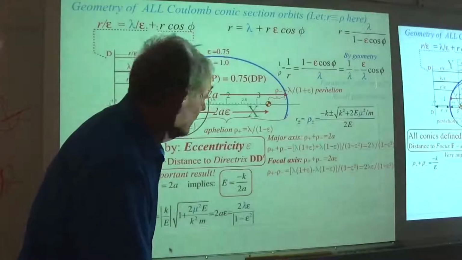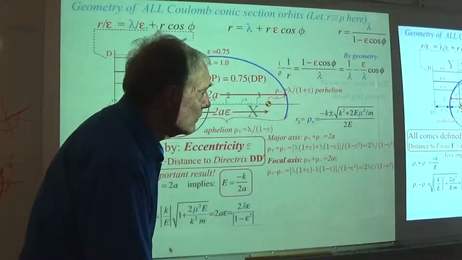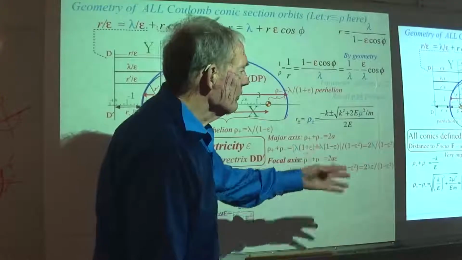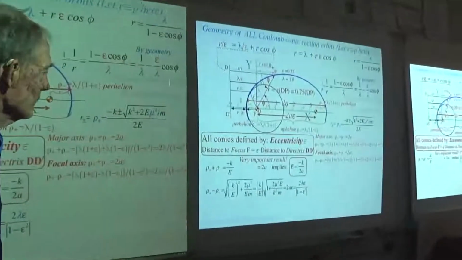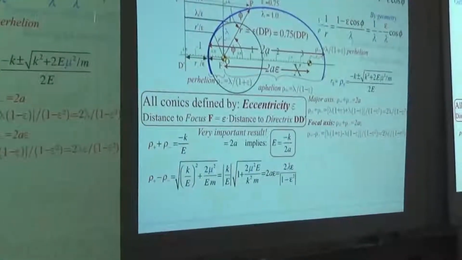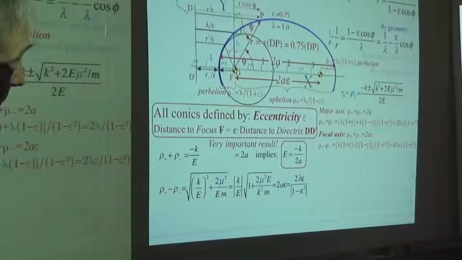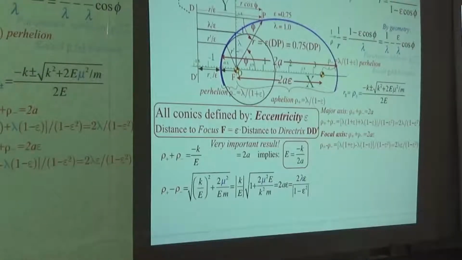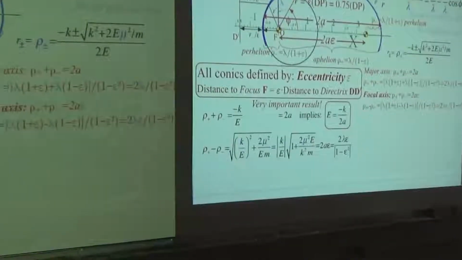And the difference of rho plus and rho minus, that's a key quantity. That's 2A epsilon. The ratio of sum and difference is also important, and quite simple. It's epsilon, the eccentricity. And these are the physical quantities that give it.